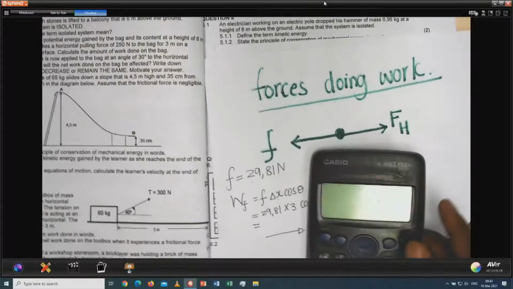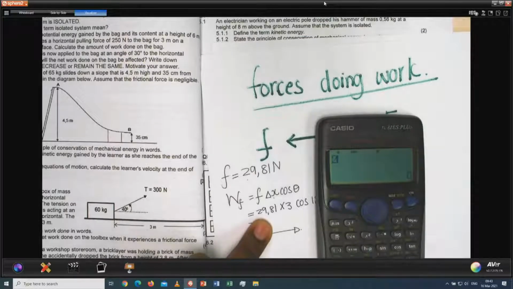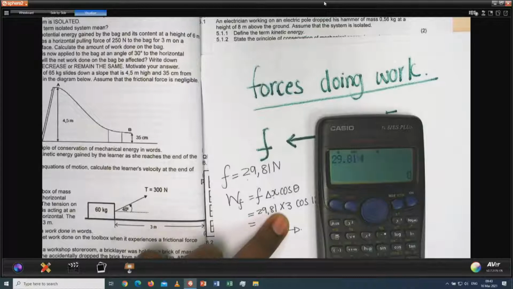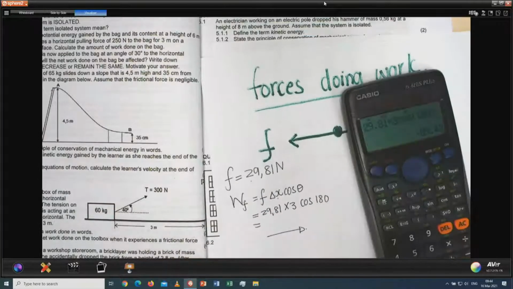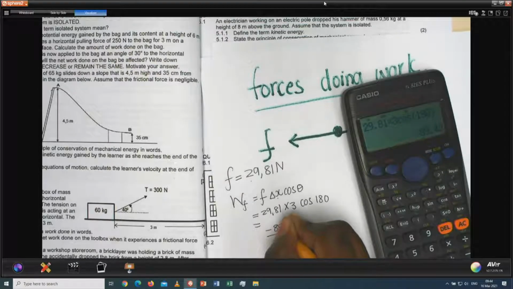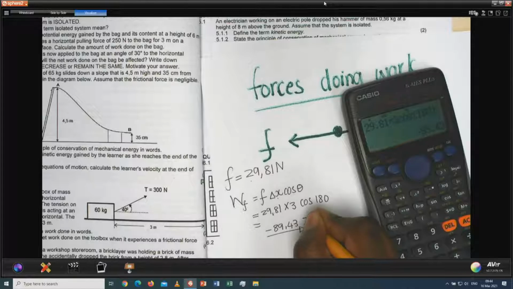Then you take your calculator and you get 29.81 times 3 cos 180 is negative 89.43. You can verify, 29.81 times 3 cos 180, we get the same answer. And our answer is negative 89.43. Now, we are dealing with work, and the unit of work is a joule.